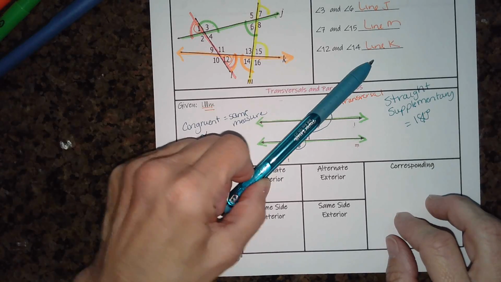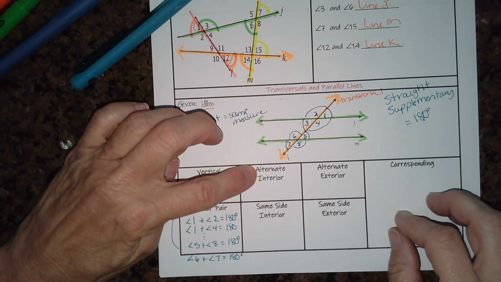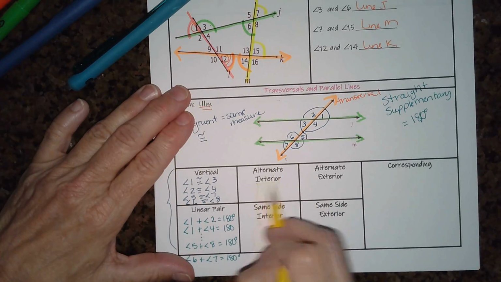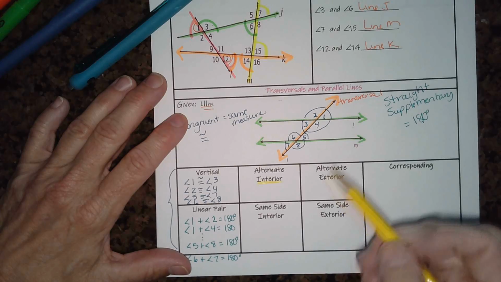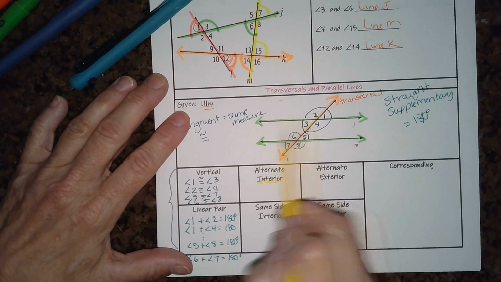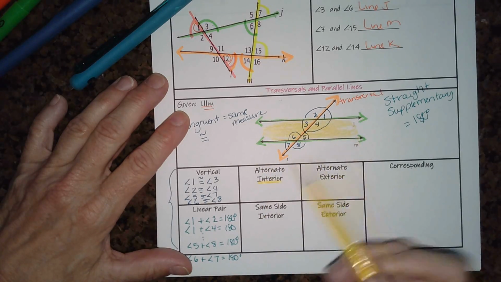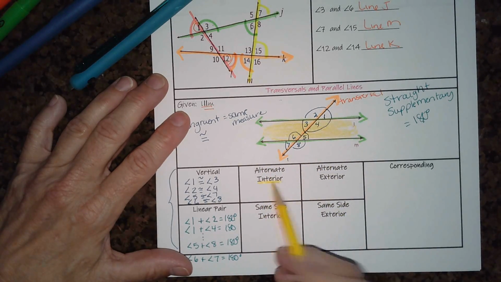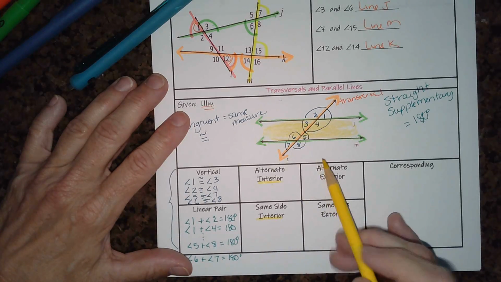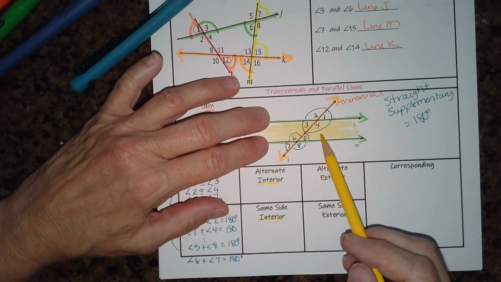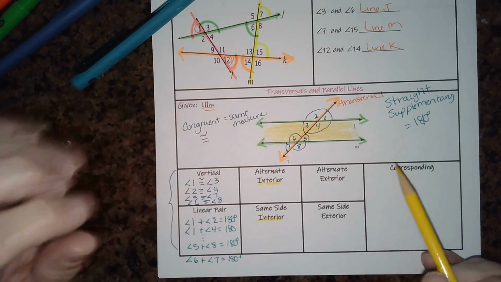And I want to talk about this idea of alternate interior. And I'll begin by talking about interior. So this idea of interior is referring to in between two parallel lines. So anytime you see the word interior here and here, we're referring to the angles that are between two parallel lines.